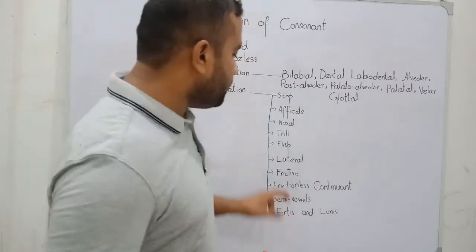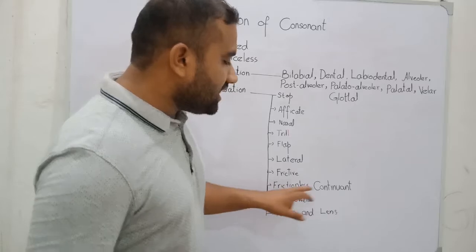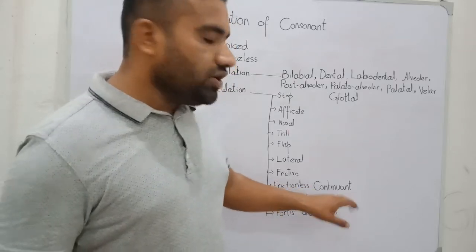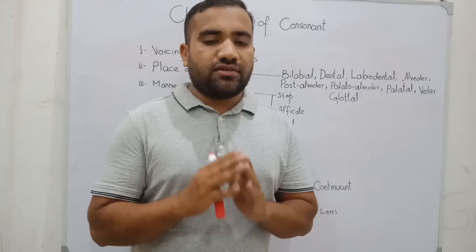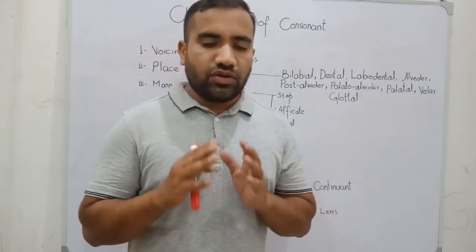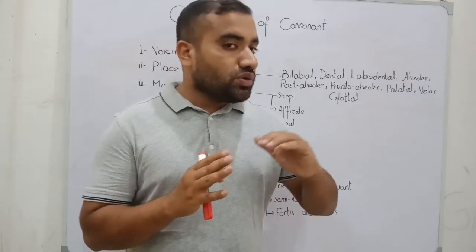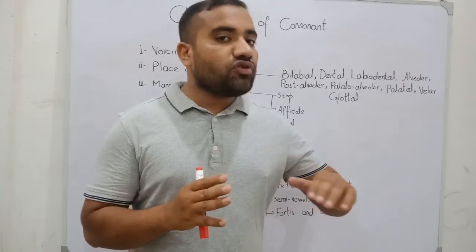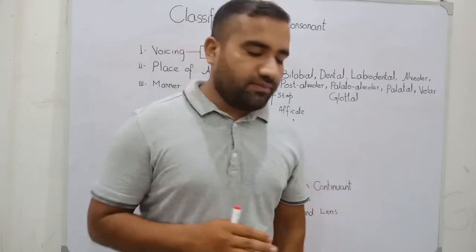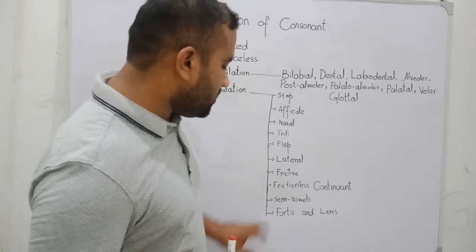This is called affricate. Frictionless continuant. It means that when you produce a sound, you don't produce any friction, but you continuously release the air. This is called the frictionless continuant.